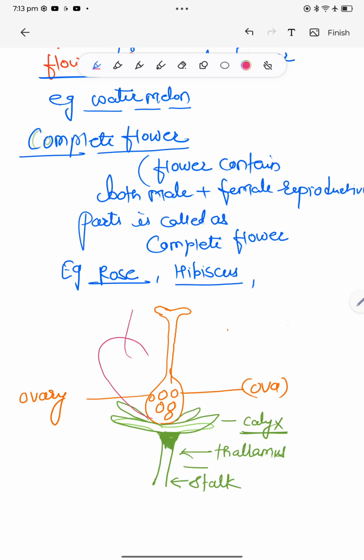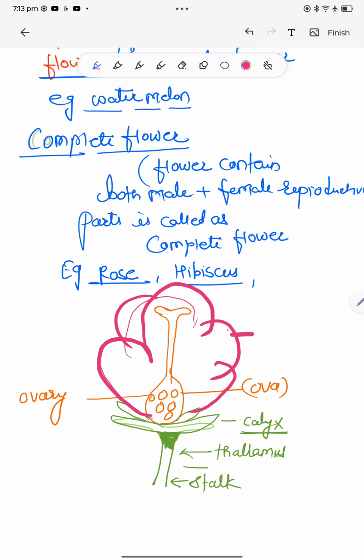These attractive parts are the accessory part, called the corolla. These are the corolla, and these are the calyx. So calyx and corolla are the basic parts.